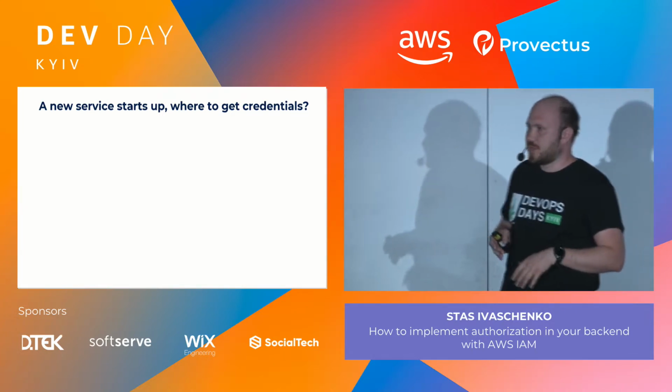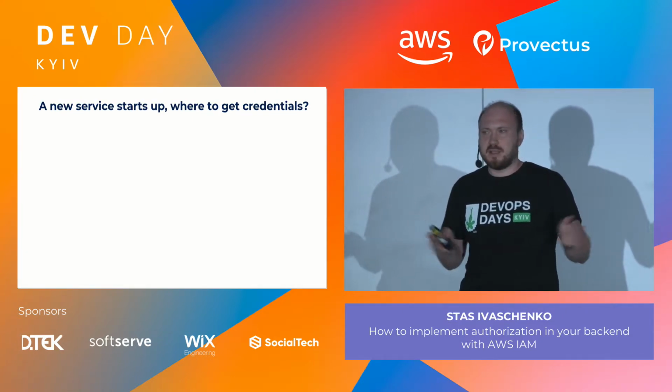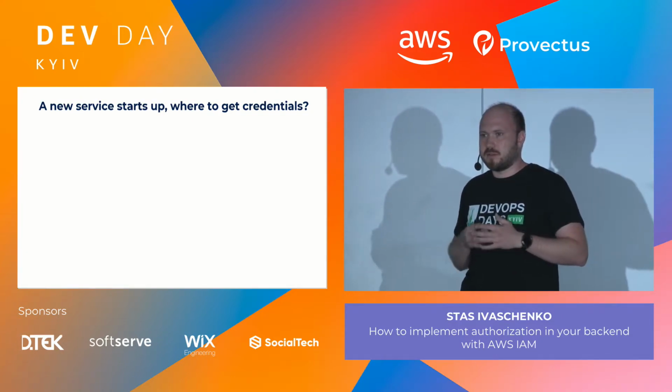You have your containers in ECS. You have EC2 instances that are constantly auto-scaling. They are constantly being scaled up, scaled down, so they constantly stop and start. And when they start up to work, where do they get all these credentials from? Where do they get this?